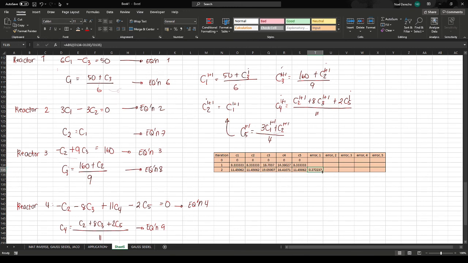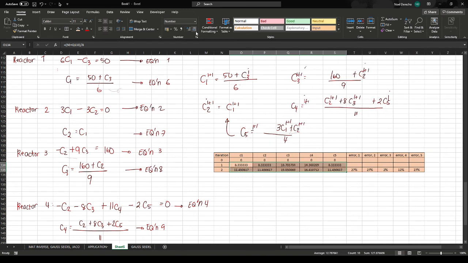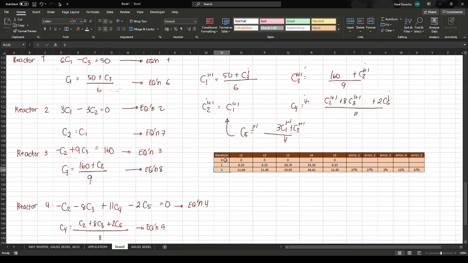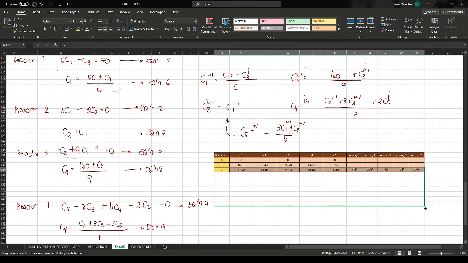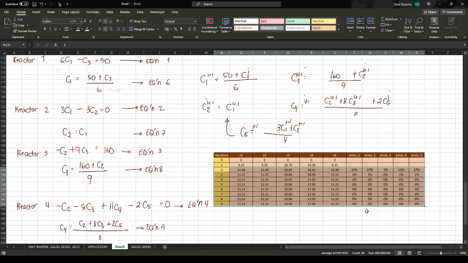So just drag this, make it a formula, and use 2 decimal places. Let's just drag it here, just change this. Okay, so drag it.